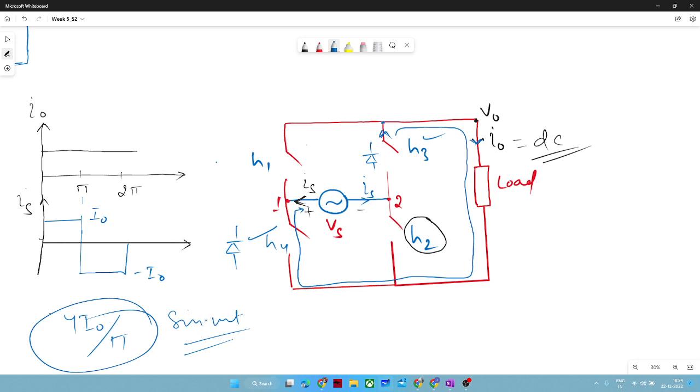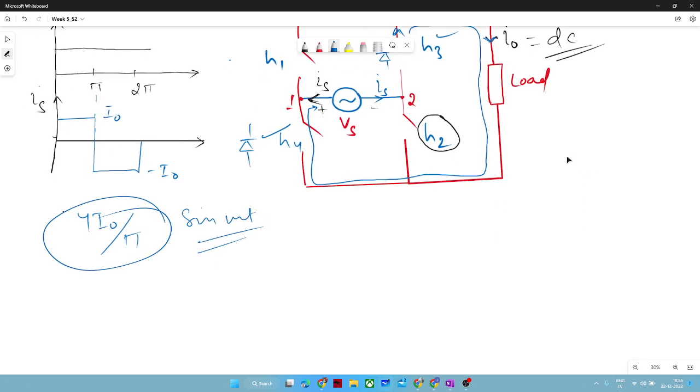But here, why are we getting this kind of waveform? Just let me clarify. We want the dominant component to be sinusoidal. That is desirable. At max you will get sinusoidal at input.